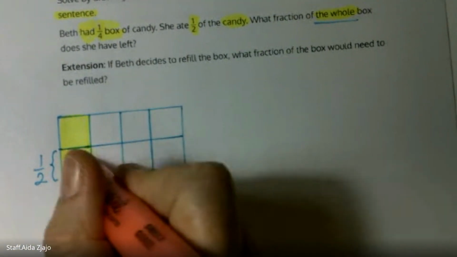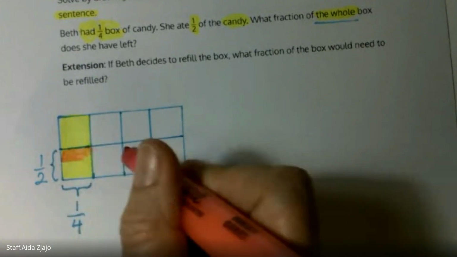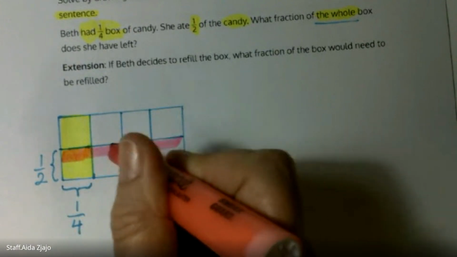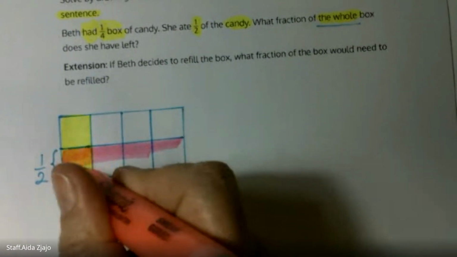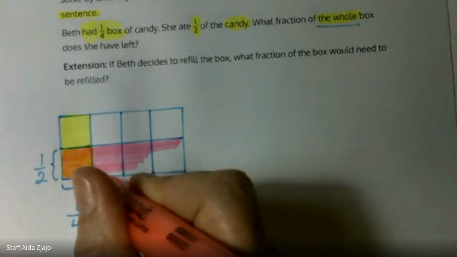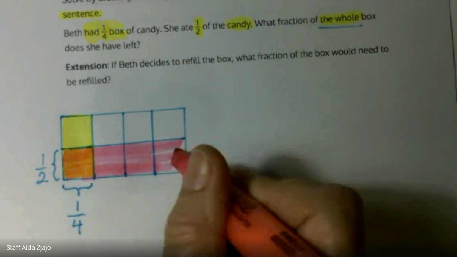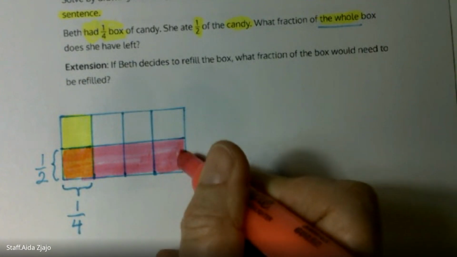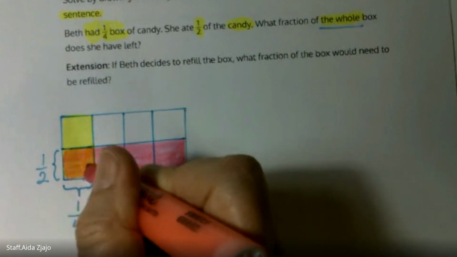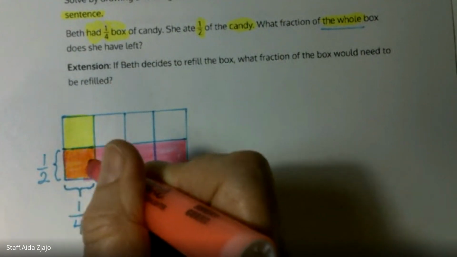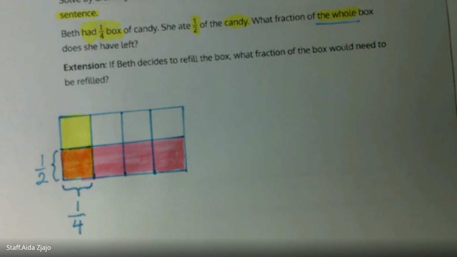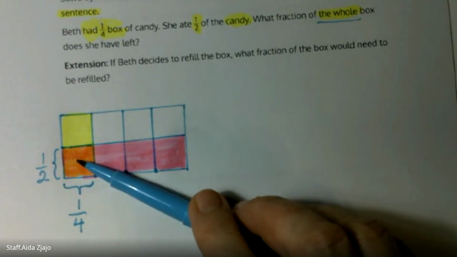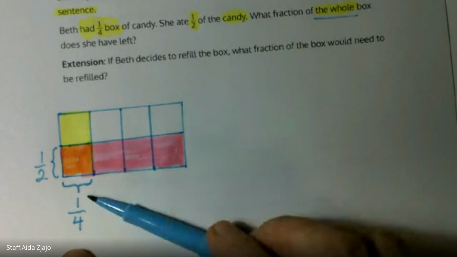So if I take my red pink, you can see that this is half of the whole box this way. But really what we need is just this part that becomes orange, and that is how much is 1/2 of 1/4.